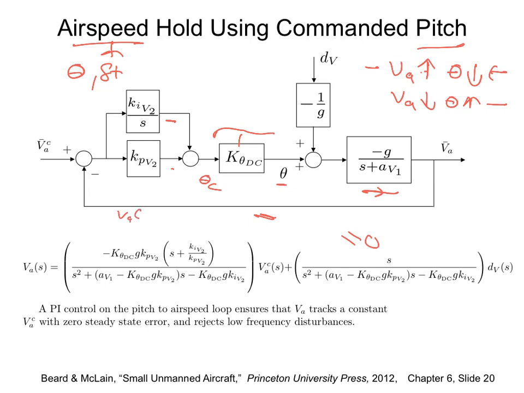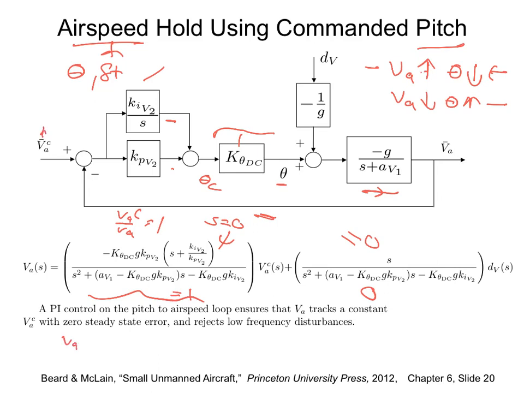the VA commanded to VA transfer function equals 1 at s equals 0. So when you put s equals 0 in the closed loop transfer function, this goes equal to 1 and this goes equal to 0. That's the idea, and that is because we are using a PI controller. Okay, so this is the closed loop transfer function, a ratio of VA command. Again, you see there is a bar here.